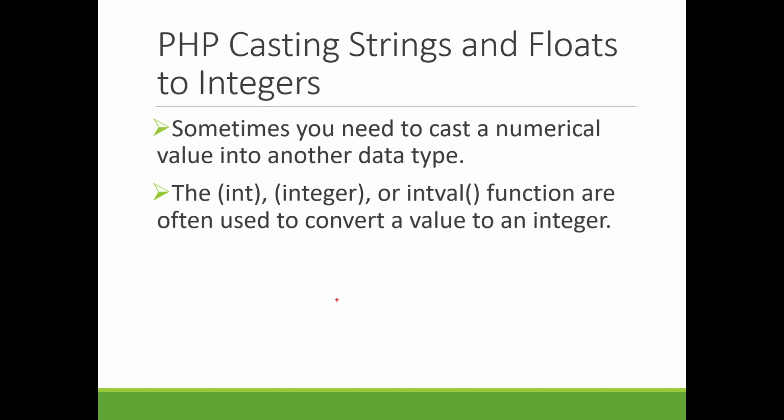So whatever I just explained on the previous slide is what we call typecasting. Casting, in any programming language, is simply converting a data type from one type to another, like from a string to an integer, or from an integer to a float, or from a float to an integer.